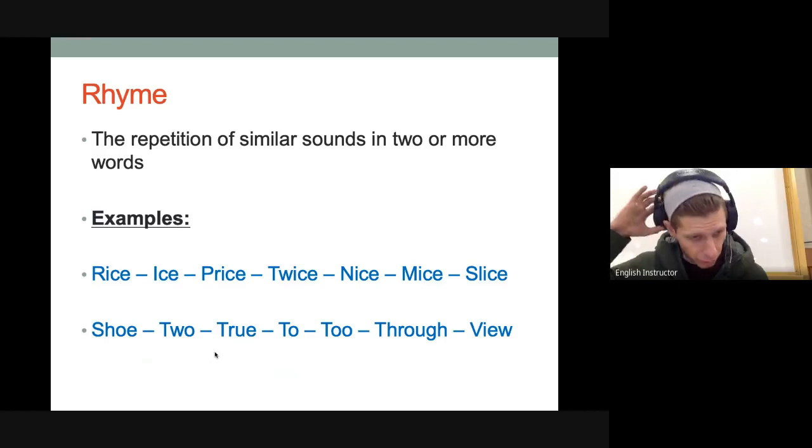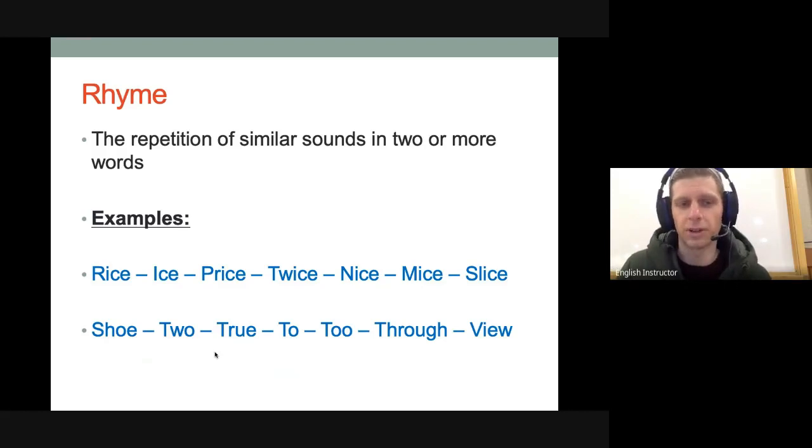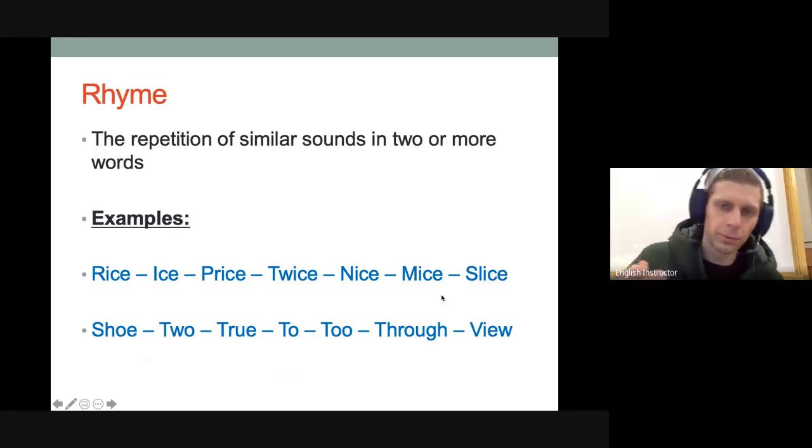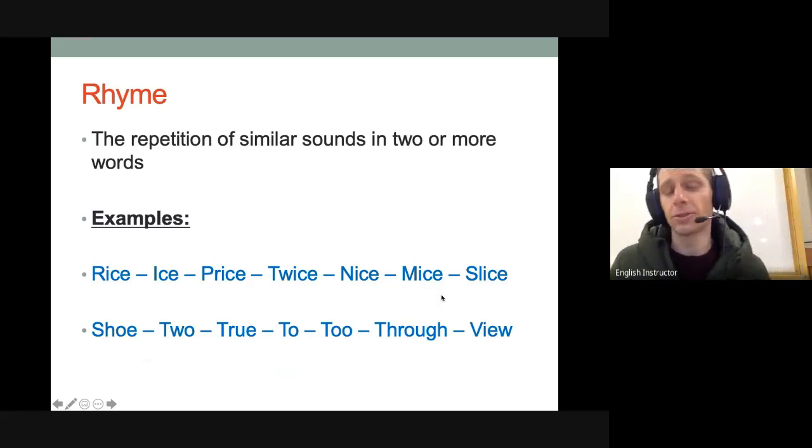Rhyme is another one you won't use too often in persuasive writing, but it can be useful in some circumstances. And with rhyme, it's just the repetition of similar sounds in two or more words. So we see here rice, ice, and price, or shoe, to, and view are just going to have the same sounds.